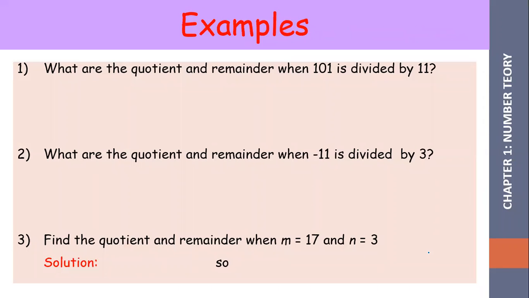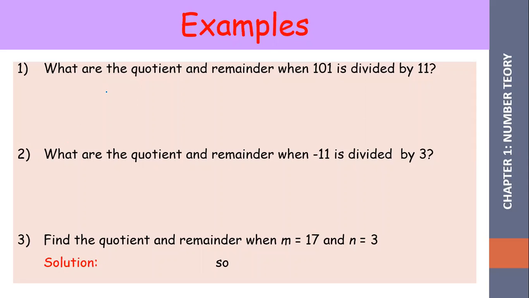What are the quotient and remainder when 101 is divided by 11? Okay, we want a quotient and remainder. So bear in mind, this is not about the common calculations in mathematics.